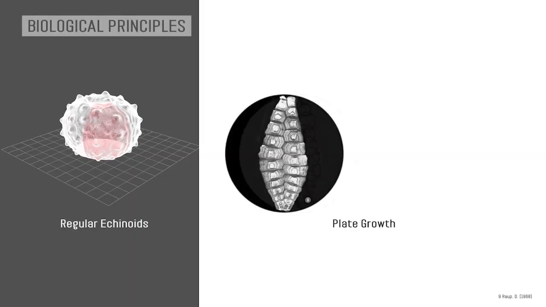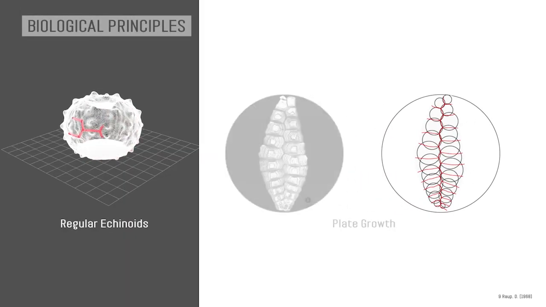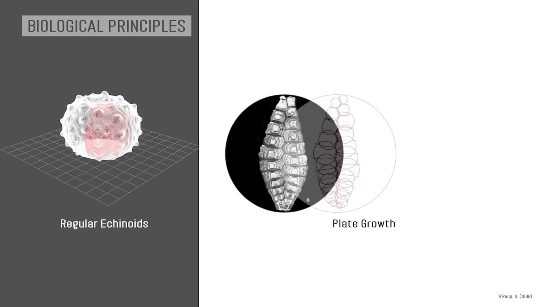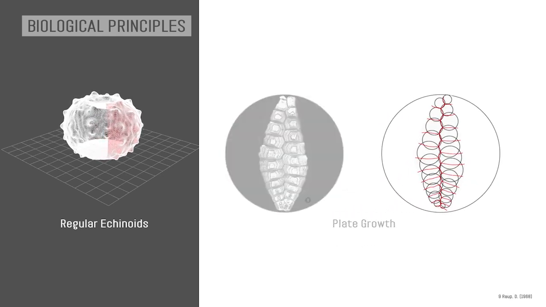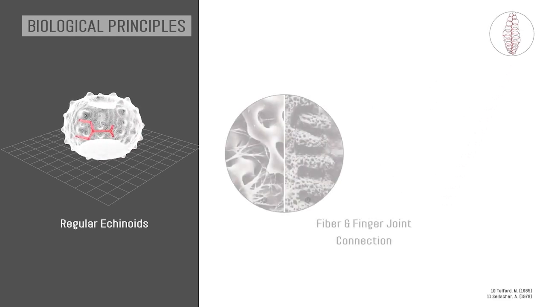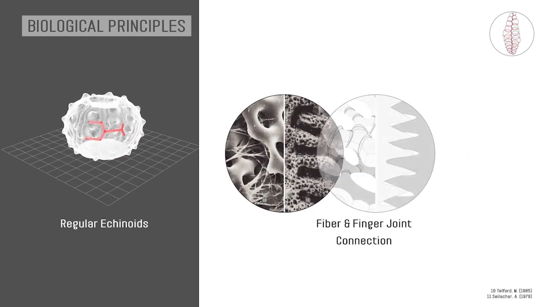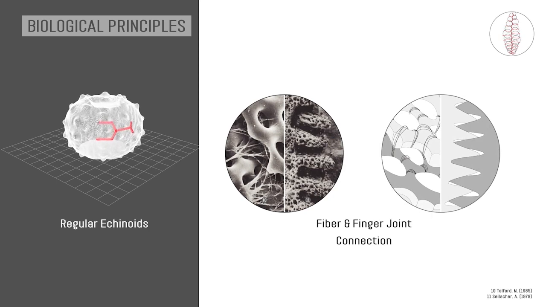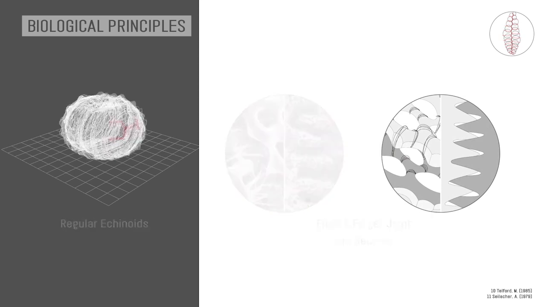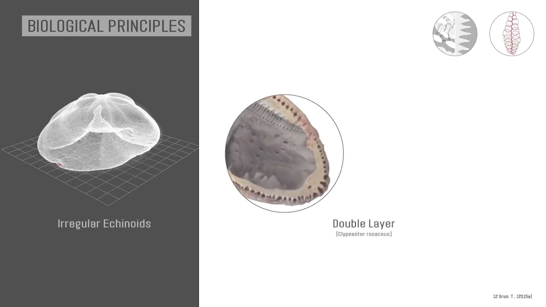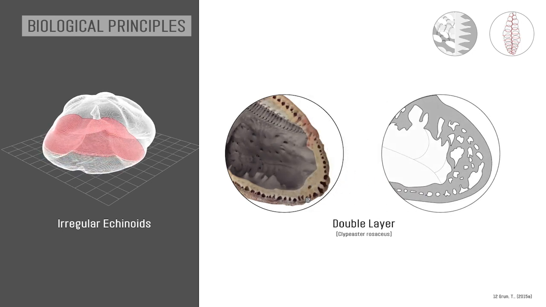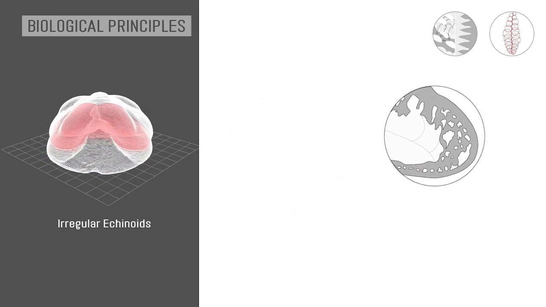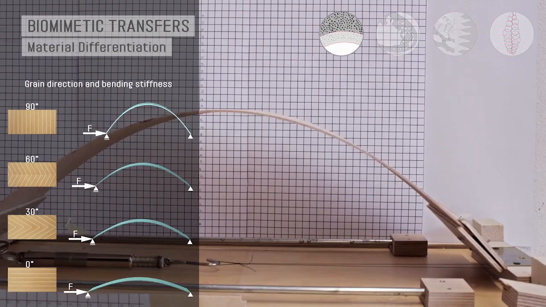Several elements are interesting in this organism of the sea urchin, starting with a plate growth pattern and elements that are put together in a fiber and joint connection in a zigzag way, as we see here. The wall of this shell is a double layered wall, and material distribution within this wall is differentiated, as we saw before.